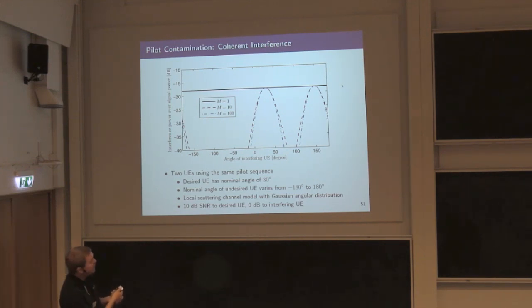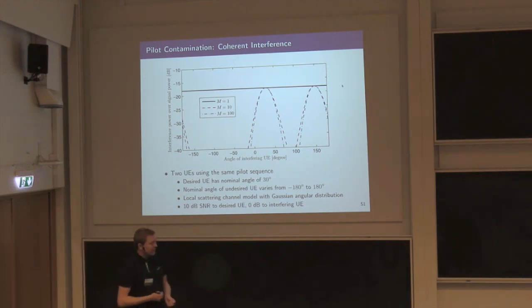But in relative terms, it is never larger than it would have been in the single antenna case. And then we see that as the angle difference between them increases, the coherent interference also decreases. And when they are very different, like here, there is barely any interference between these two users whatsoever.